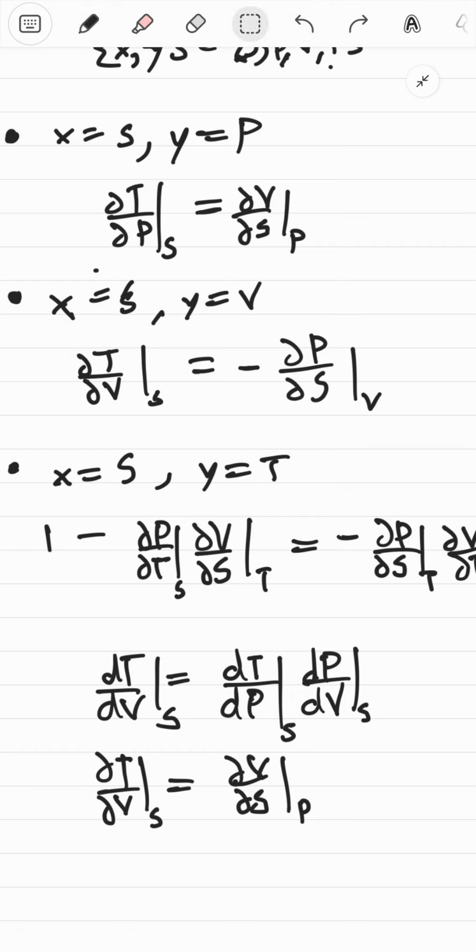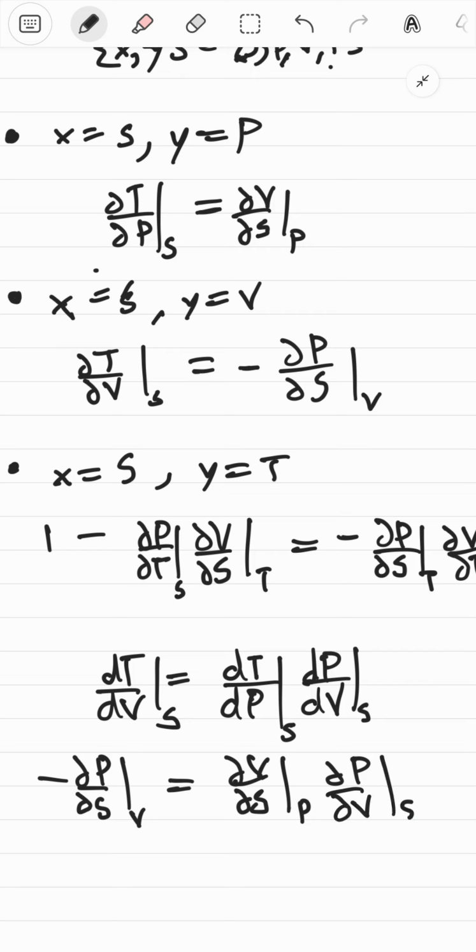So it's just minus partial P by partial S at constant volume, and that's partial P by partial V at constant entropy. And so that's relating pressure, volume, and entropy in this fashion.